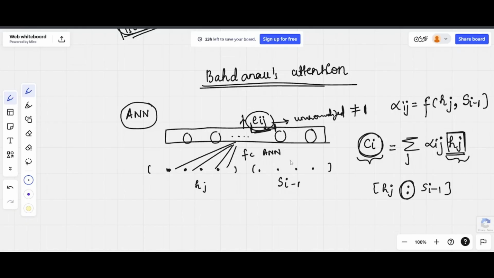In order to normalize this, we pass it through a softmax layer that finally gives us our alpha ij's. The sum of alpha ij, the sum of weights, must be 1, right? So the output that we get from here might not sum to 1, right? And again, the output that we get from here is actually a vector.